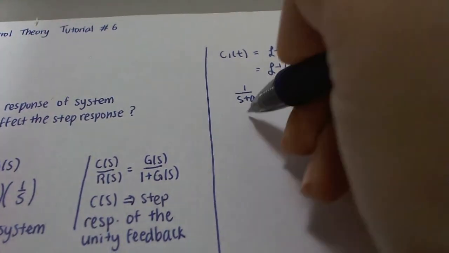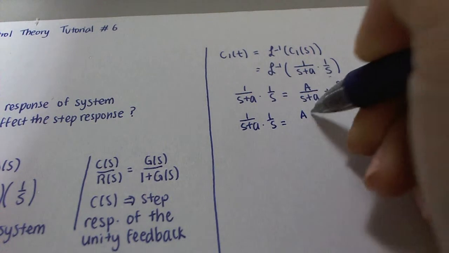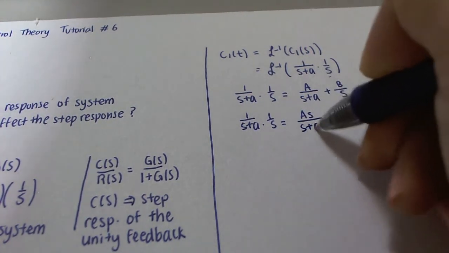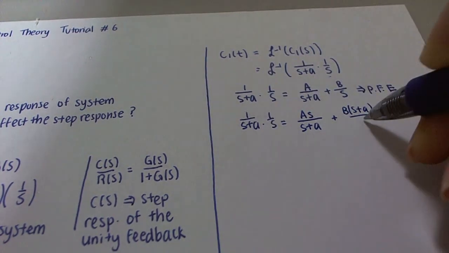Solving the right and left hand side, we can have capital A multiplied by s over s plus a, plus capital B multiplied by s plus small a divided by s.